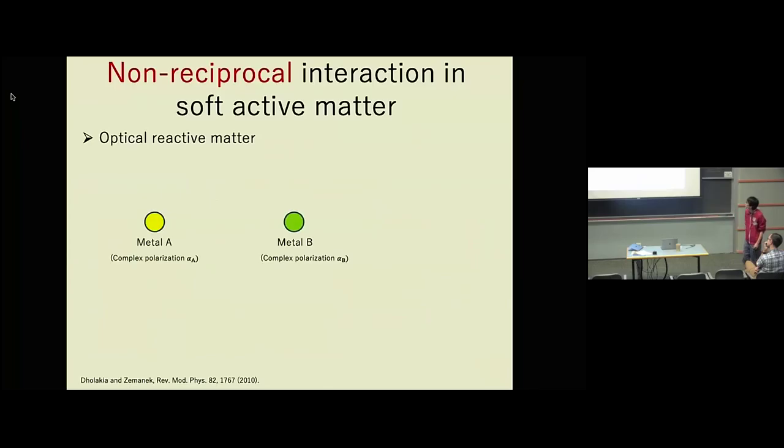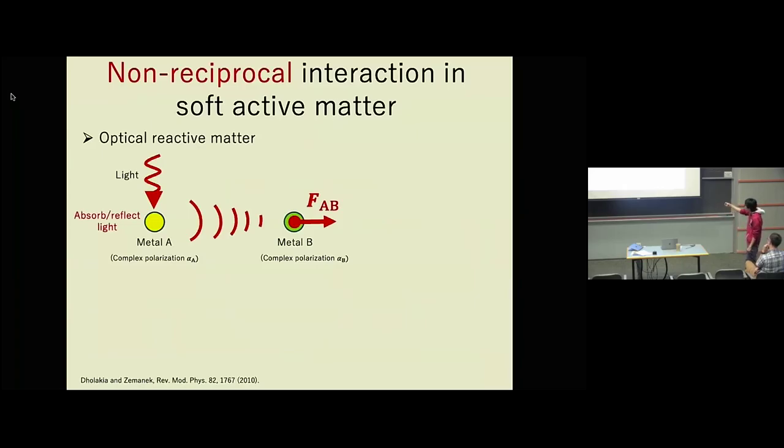In my opinion, optical active matter is one of the simplest examples that shows non-reciprocity, which is the following. Say you have two metal colloids, metal A and metal B, trapped in an optical trap. Let's inject light into this system. If the light shines on A, some of it can be partially absorbed and some is reflected.